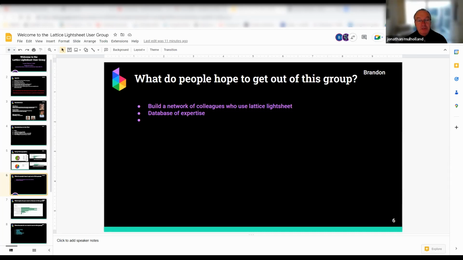The other part of this is the data handling. Very interested in how people are approaching data handling, data storage, data management, particularly with respect to the NIH's new data management plan requirements. So, I was curious about that.